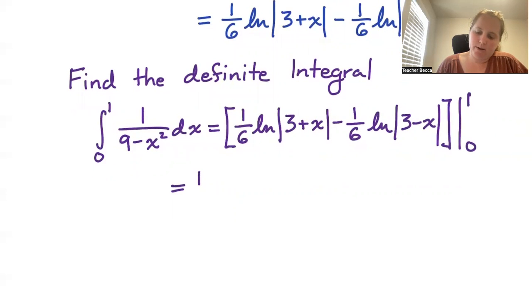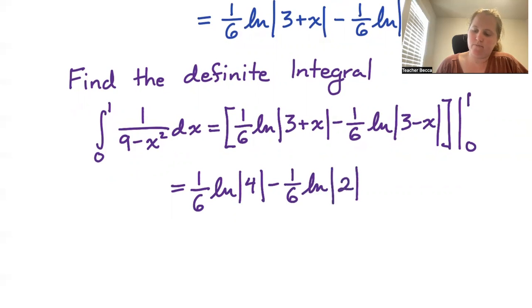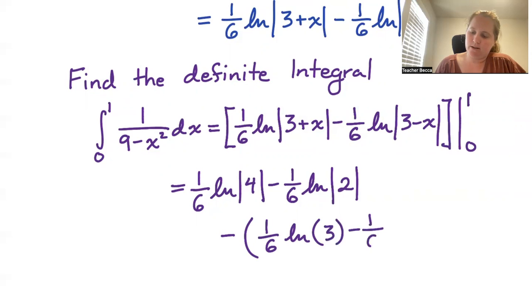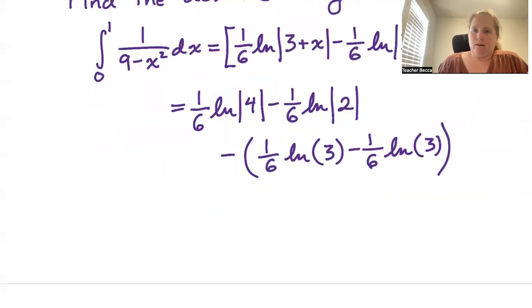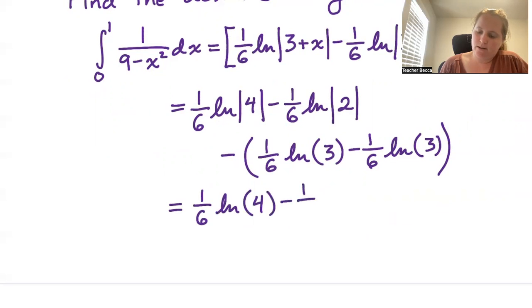This becomes 1/6 times the natural log of 3 plus 1, which is 4, minus 1/6 times the natural log of 3 minus 1, which is 2. Then we subtract off 1/6 times the natural log of 3, minus 1/6 times the natural log of 3. This just winds up being 1/6 times the natural log of 4, minus 1/6 times the natural log of 2.